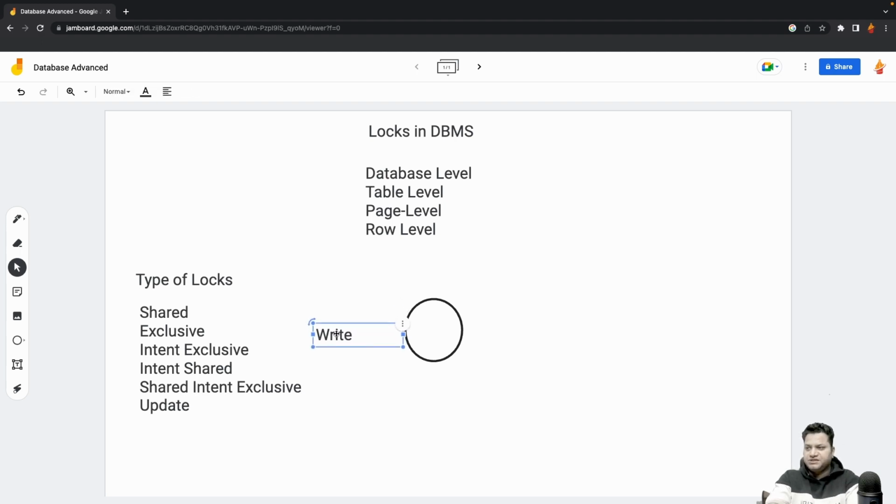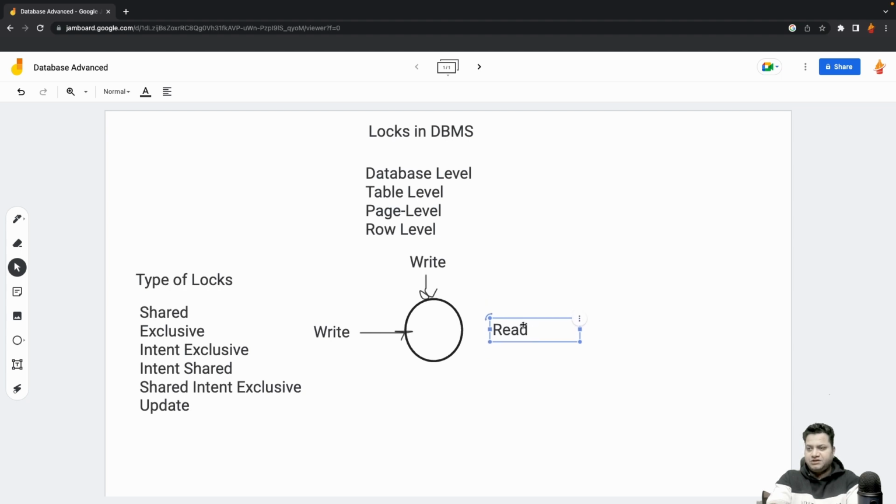Just assume this circle is one database table row. You have one write from this, one write from this, and this is quite possible, and you are just posting it. Now you want a read from this table.